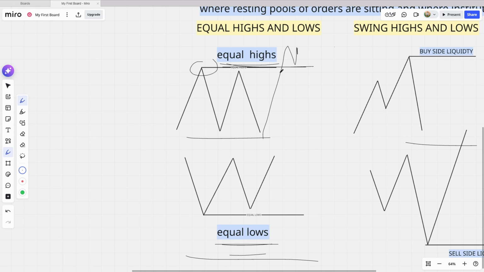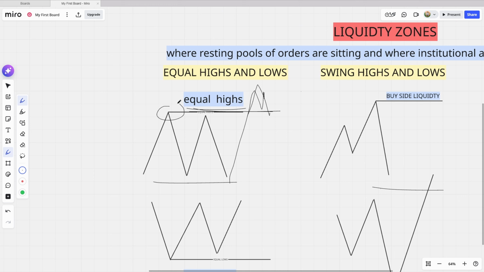These traders are waiting to buy if price breaks above those equal highs, so they place pending buy orders above the same level. So now, in that one zone, you have multiple types of orders stacked together. You have stop losses from sellers, and you have buy stop orders from breakout traders. All of these orders combined form a liquidity zone.